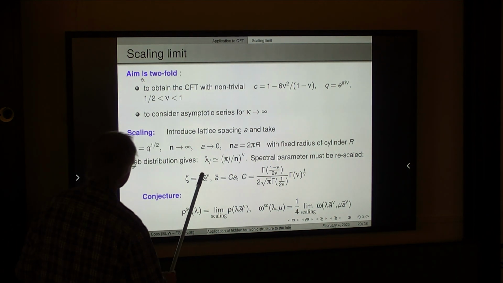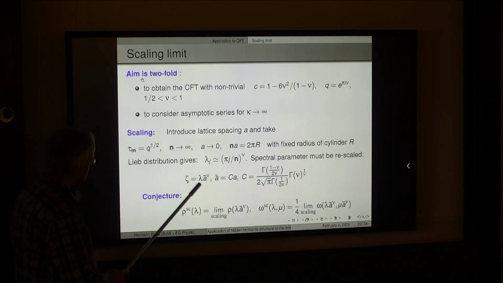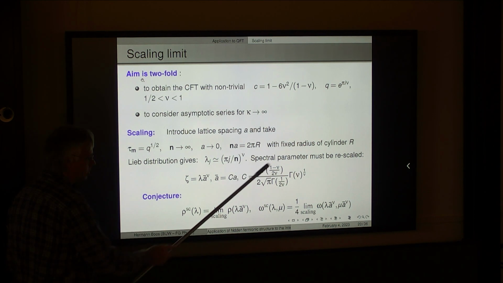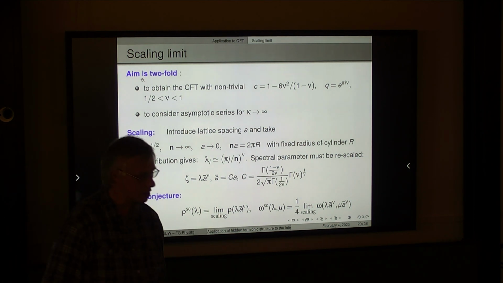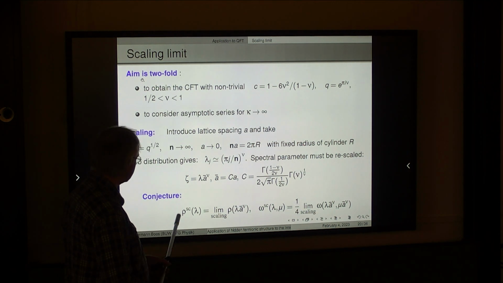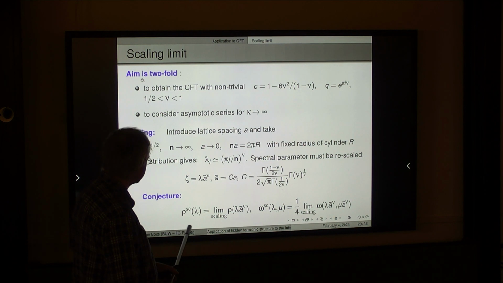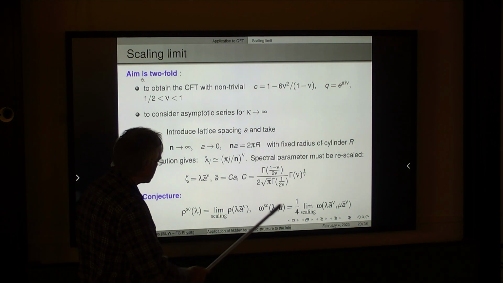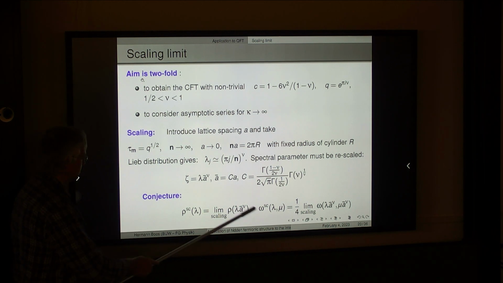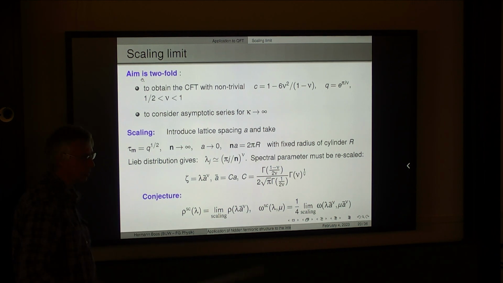If we rescale the spectral parameter like this, where C is a fine-tuned constant, it's actually a famous formula by Alyosha and Molotchikov. And the conjecture that we can accept here is that both these functions, rho and omega, have some limits, which we call rho scale and omega scale.